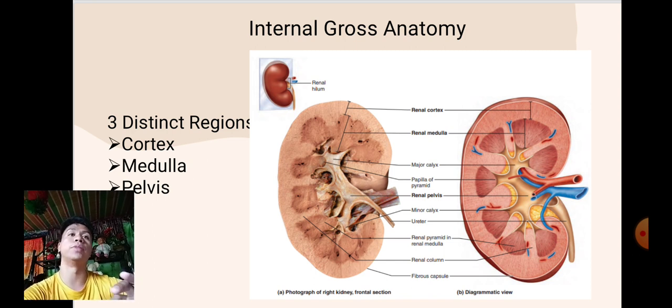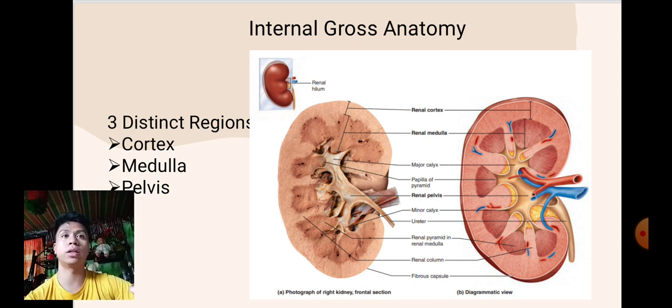The most superficial region is called the renal cortex, shown in the diagram on the screen. It is light colored and has a granular appearance. Deep to the cortex is the darker, reddish-brown region, as I said a while ago. It is called the renal medulla.